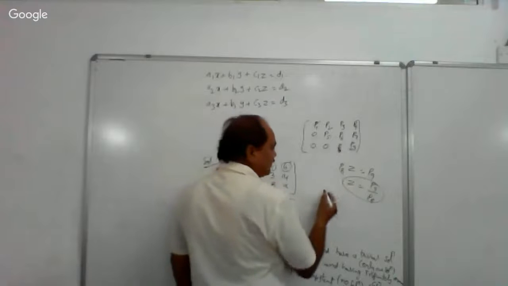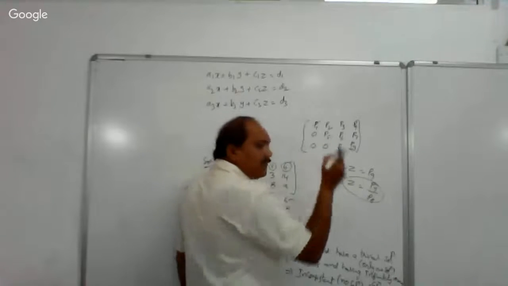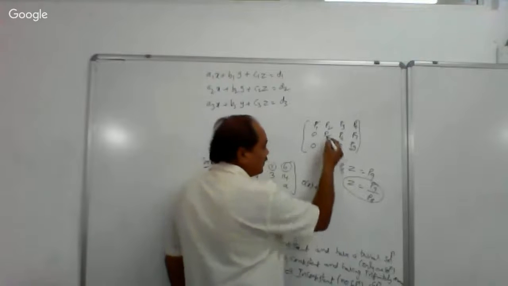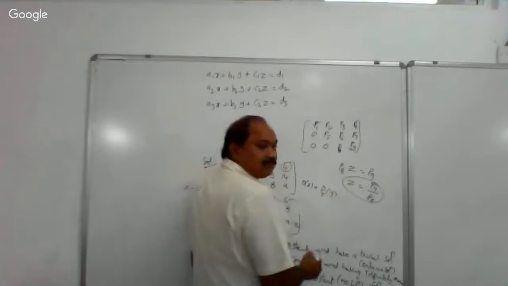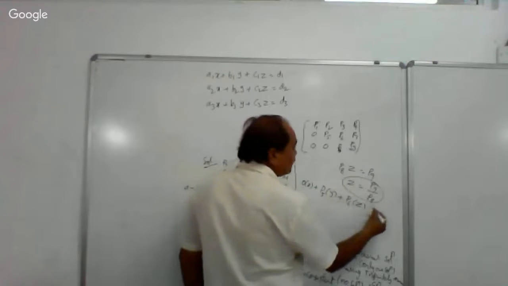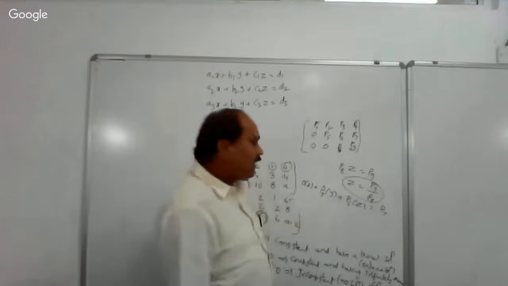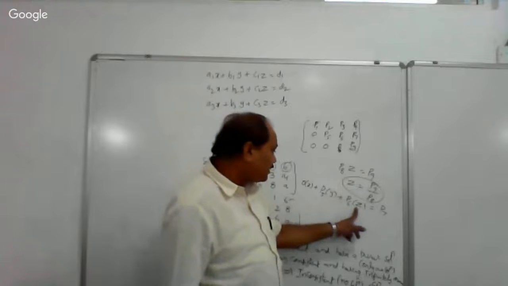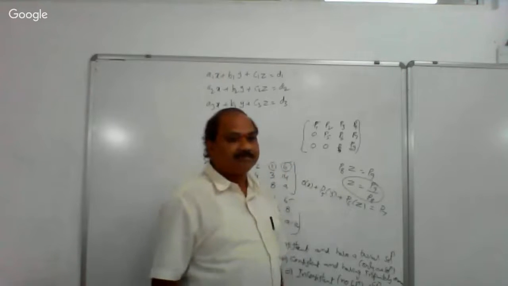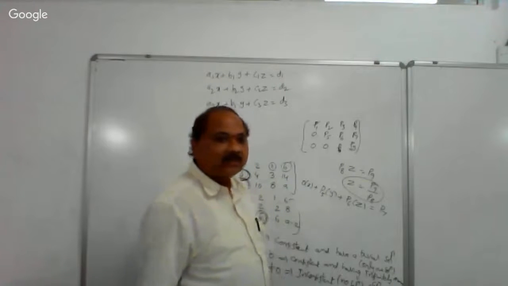What about the second equation? 0 into x plus p5 into y plus p6 into z equal to p7. By putting the z value here, you will get a single value for y. Are you understanding?